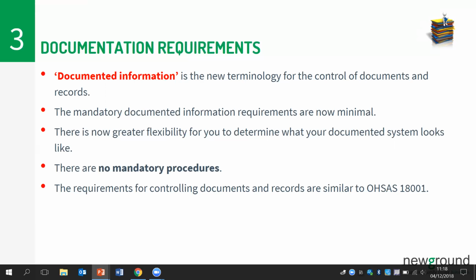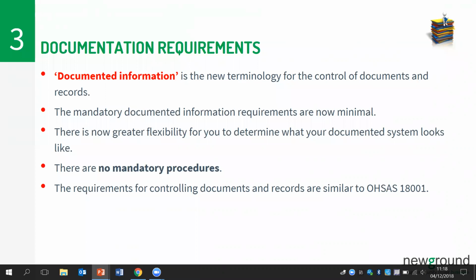You therefore now have a lot of flexibility to decide what your documented system looks like. This should be driven by what your business needs rather than documenting things for the sake of it. So you should now be looking at your system to determine what is needed for your own system to be effective in a way which is proportionate to risk in your business.